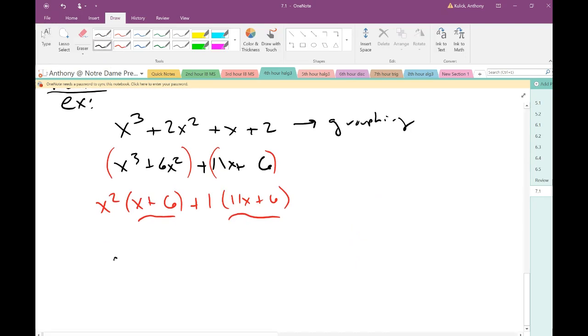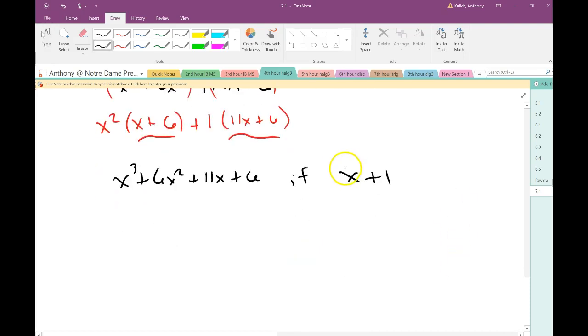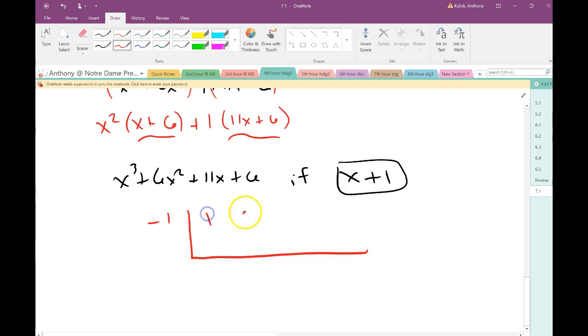So what we did in the previous section was we gave you some additional piece of information. We told you a factor for this. So this would be a piece of information that was given in the problem. And now, since I have this, I can factor it by using synthetic division.